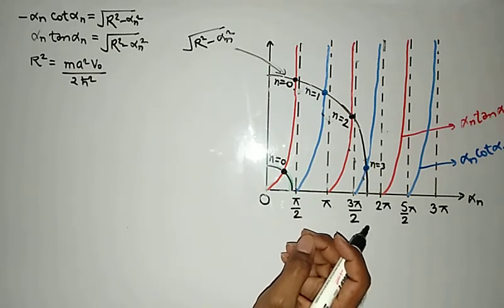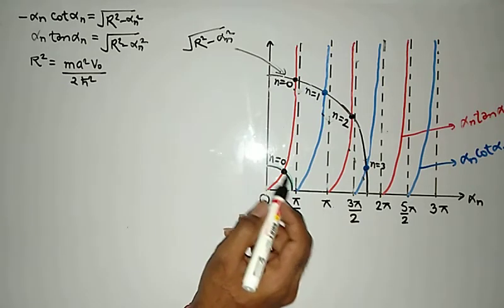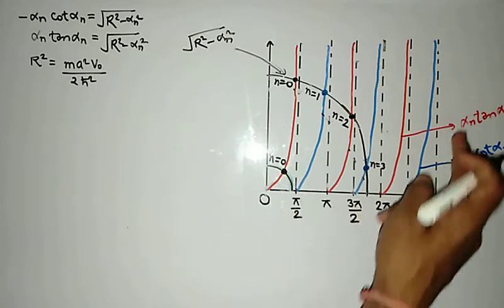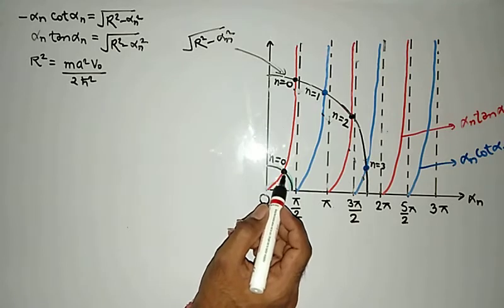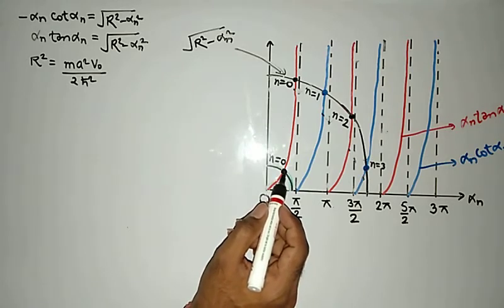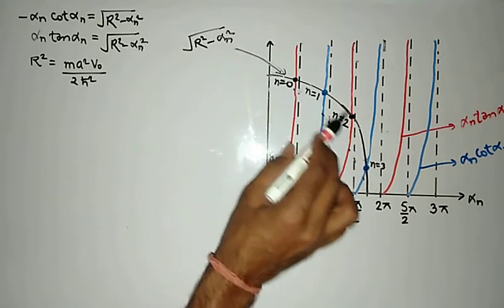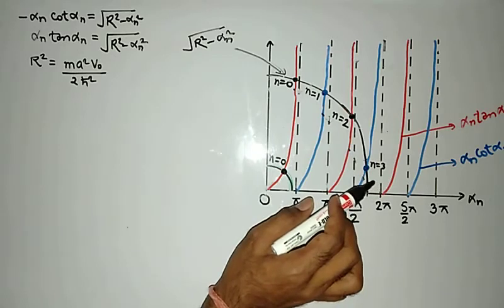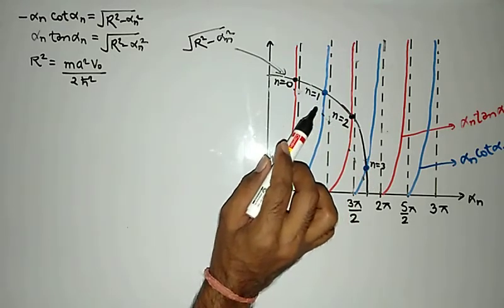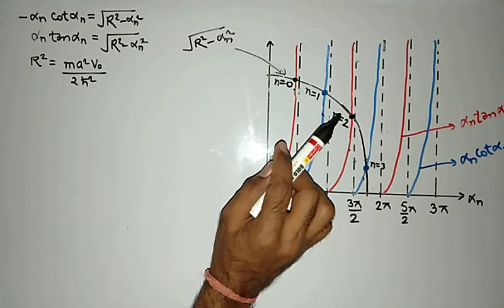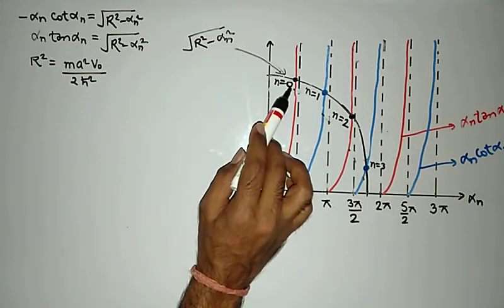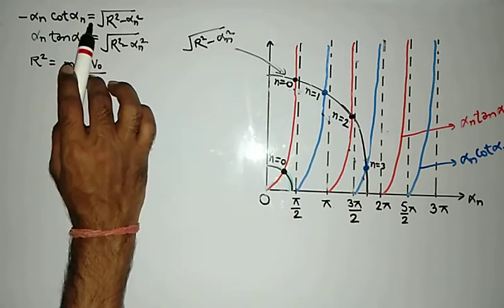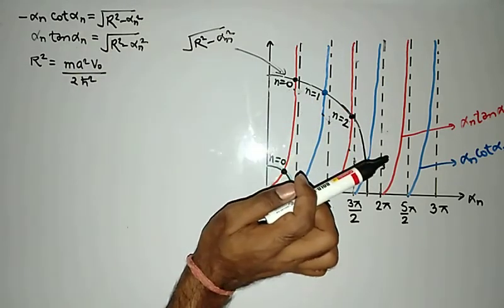So, for a small circle and alpha n, we get one bound state, n is equal to 0, and for a larger one we get two bound states. For this equation here and for this equation here.